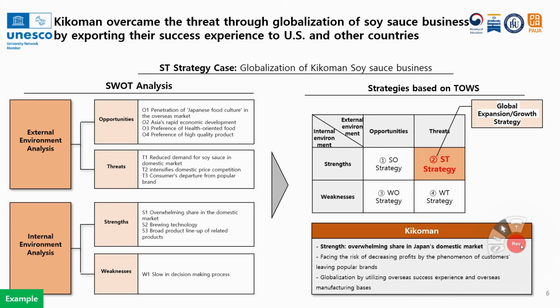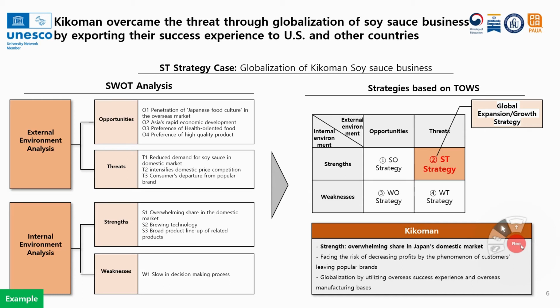But instead of Coca-Cola's strategy of taking the SO strategy, Kikkoman took the ST strategy. So they leveraged their strengths to avoid threats from the external factors. So in the case of Coca-Cola, the emerging market opened opportunities for Coca-Cola.